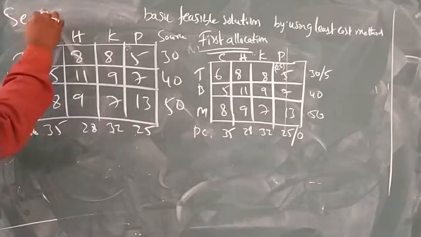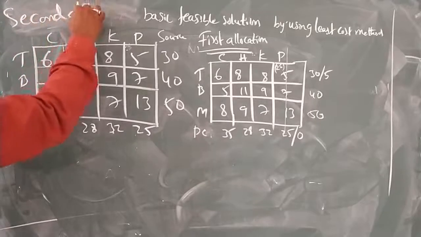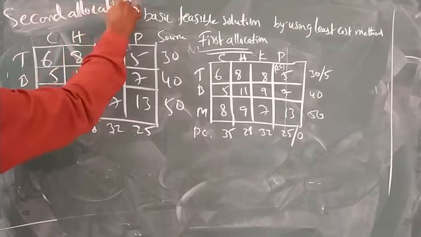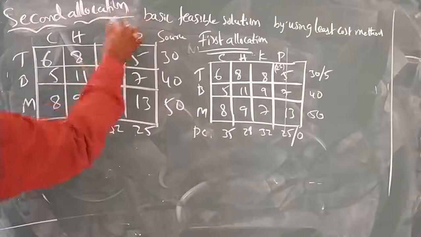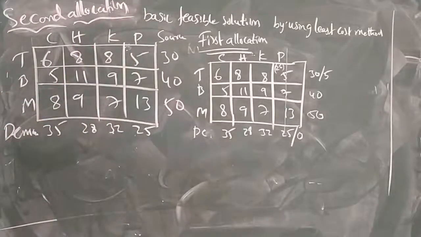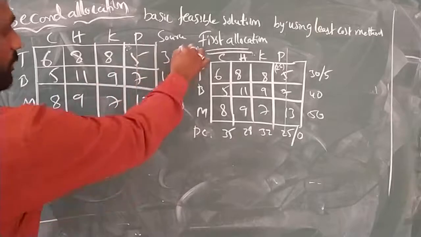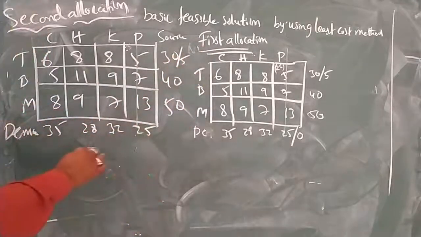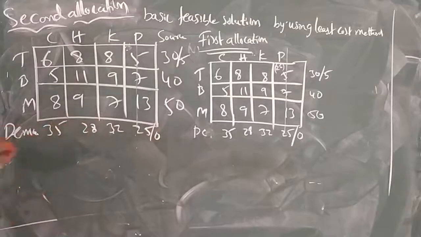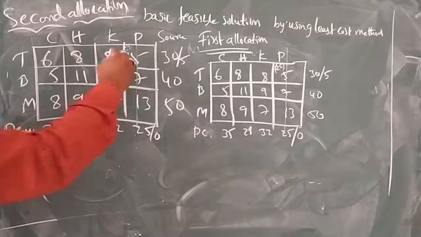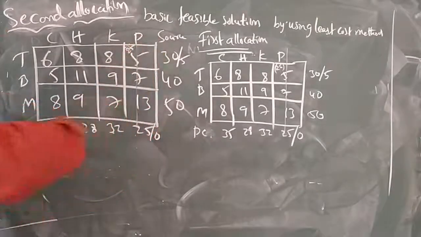In this second allocation table, here already this is deleted for us, so we should not concentrate on this, and here we have to write 5 by 0. Here it is 25 by 0. So already it is mentioned here with 25. Every time we have to represent this.